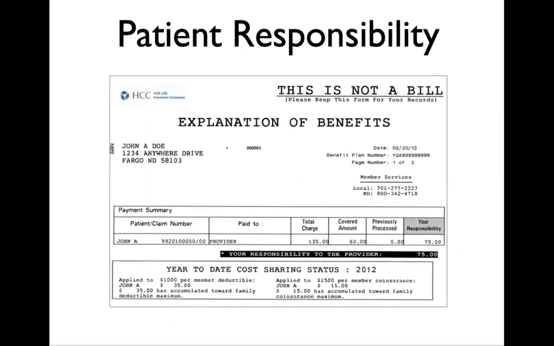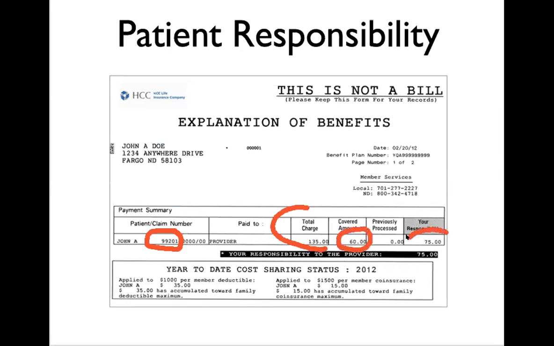Now, here's another example, and I like this one because the words are even bigger. This is not a bill. On this particular one, let me get my little pointer, right here is the CPT code. And this is what we charged, $135. This is how much is covered.